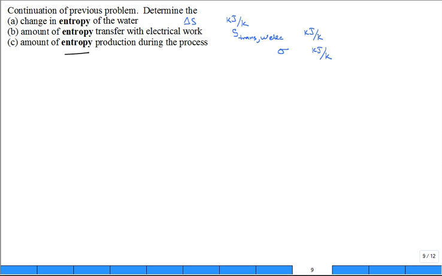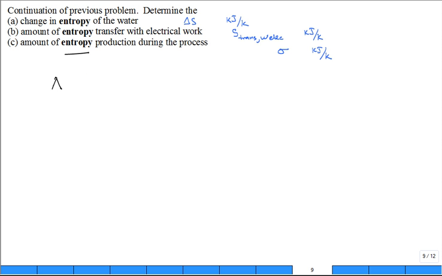Now, what is the method to solve for part A? Same method as part A for the previous problem when we had to deal with changes in energy. We exploited that energy is simply a property. If I can get other properties fixed, I can evaluate at that. True?